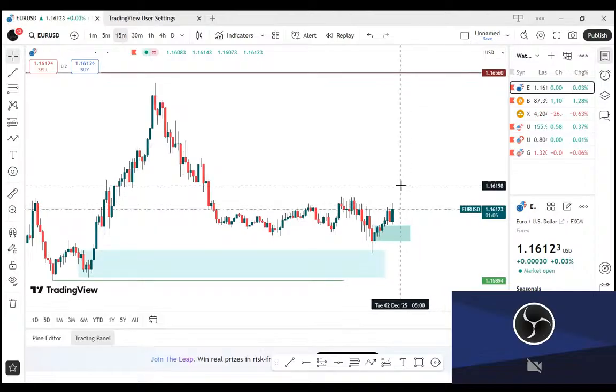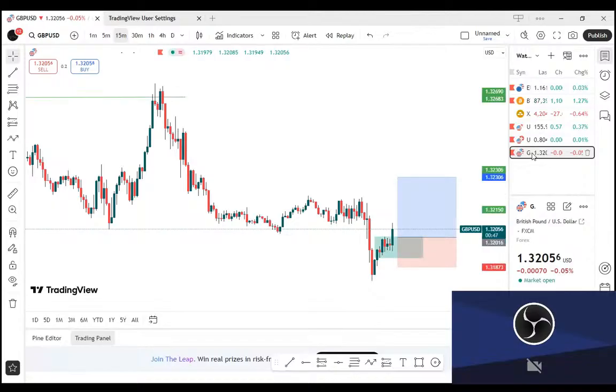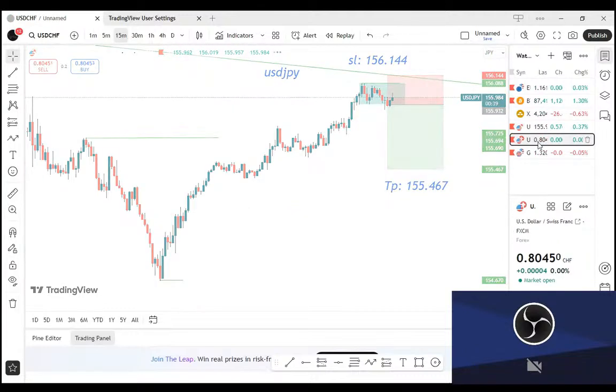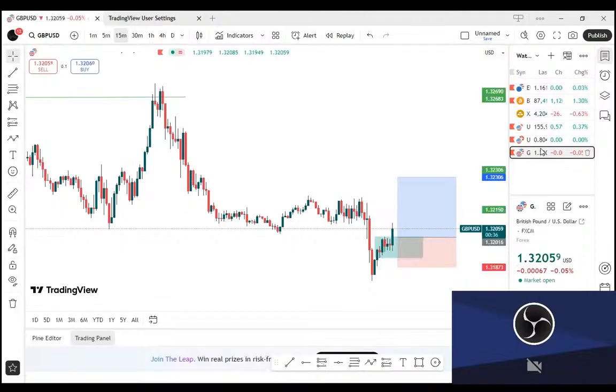Euro USD has finally pulled back again. So let's see how Euro USD is doing, and GBP USD. Let's check this out, it's trying to make a pullback, trying to make rejections. Okay, I'm still going to take the GBP USD if it sets up well.